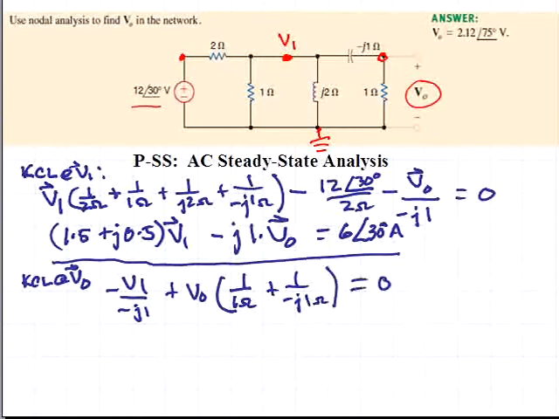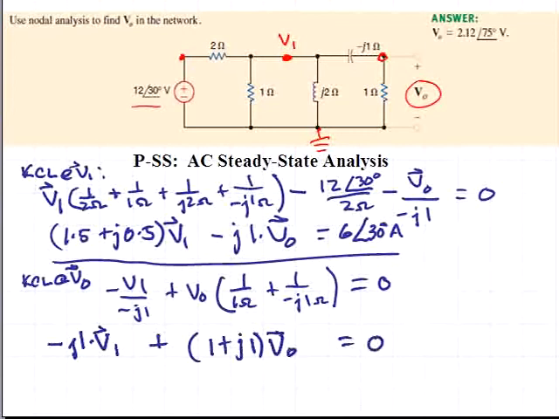This is equal to 0, or rearranging that equation, we have minus J1 times V1 plus 1 plus J1 times VO is equal to 0. That's our second node voltage equation.